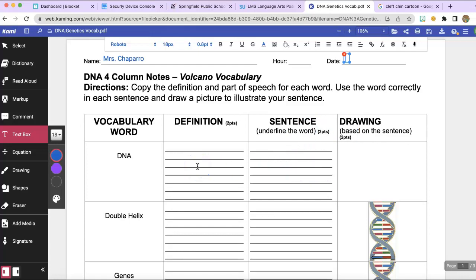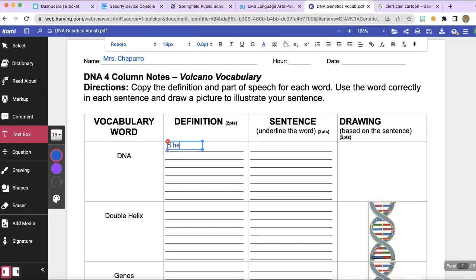I will start each sentence with a capital letter and end it with a period, and I need you to do that too. Okay, definition number 1 for DNA. We're going to go to the second column. DNA, we've been talking a lot about it, but scientifically, here is what DNA is.